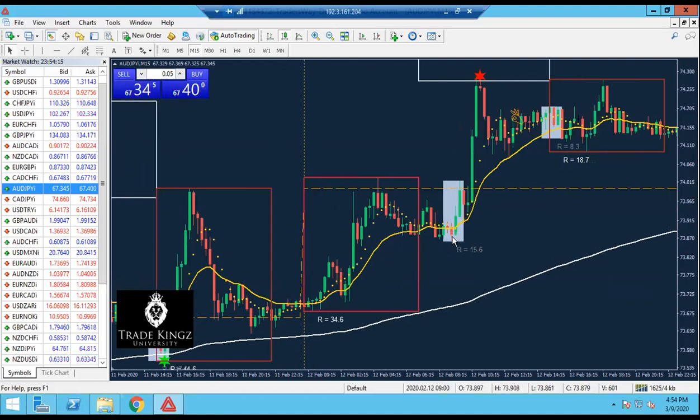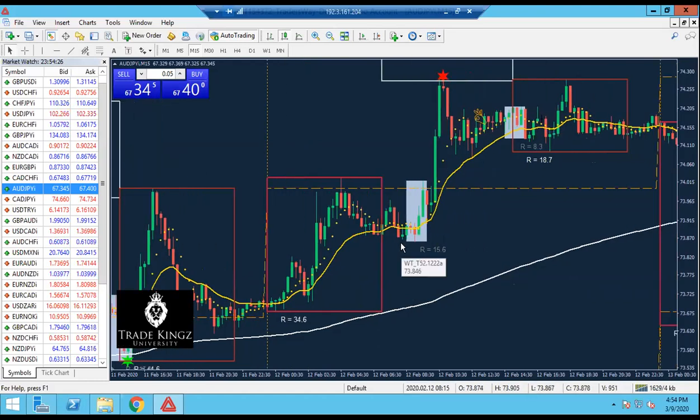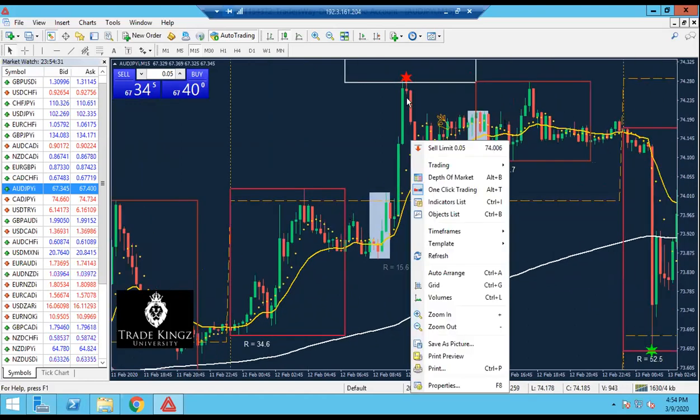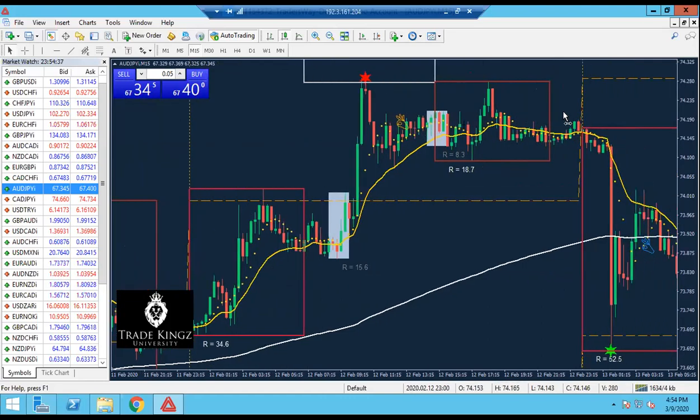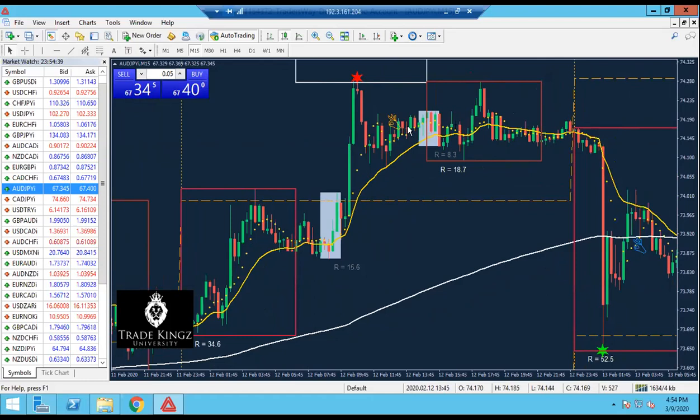Looking at this, it probably wasn't here. It probably was here, but again, we don't trade in the Asian session. This would have been a better trade because we see it already went up to the stop hunt. It did consolidate for a really good while, but we don't take this trade.